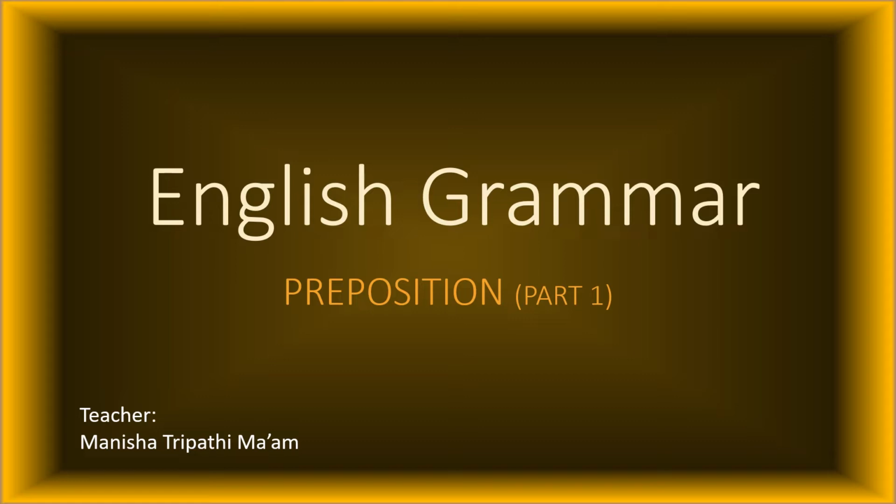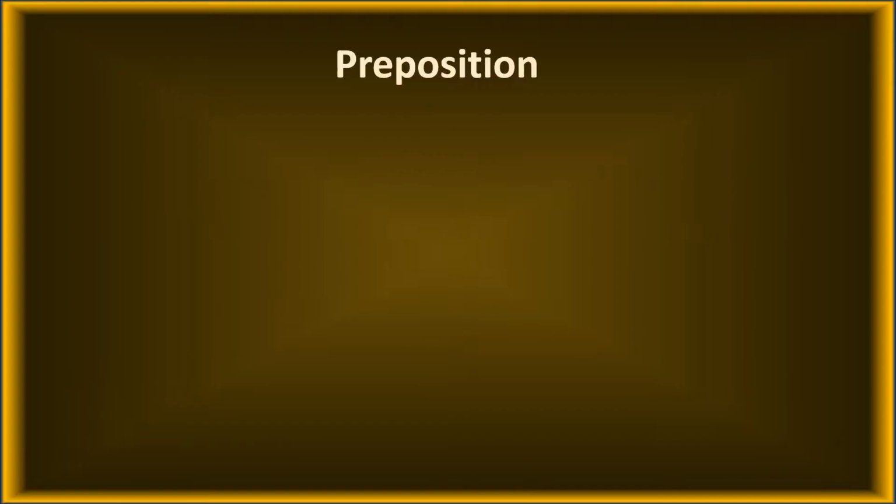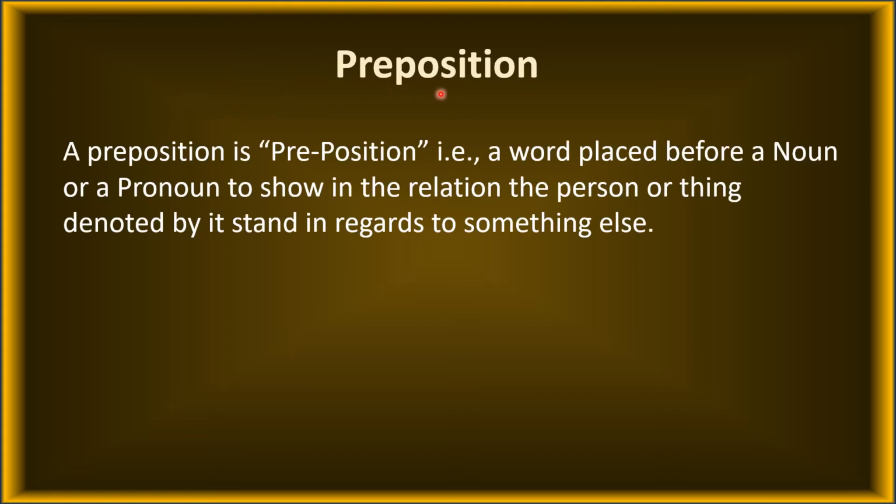Till here we have studied adjective and now we are going to start our next topic, preposition. What is a preposition? A preposition is a word placed before a noun or pronoun to show the relation the person or thing denoted by it stands in regards to something else. वे शब्द जो नाउन और प्रोनाउन के पहले लगते हैं और दो वस्तुओं का संबंध बताते हैं प्रीपोजिशन कहलाते हैं.